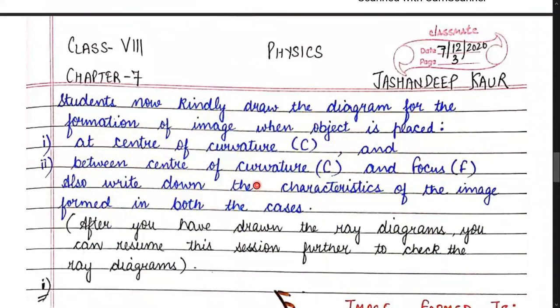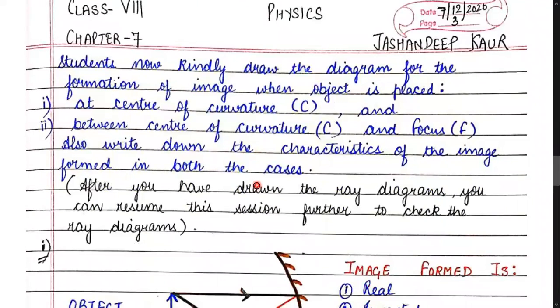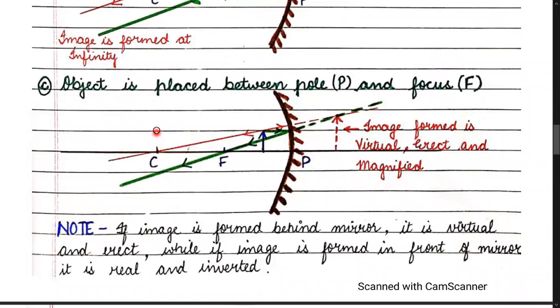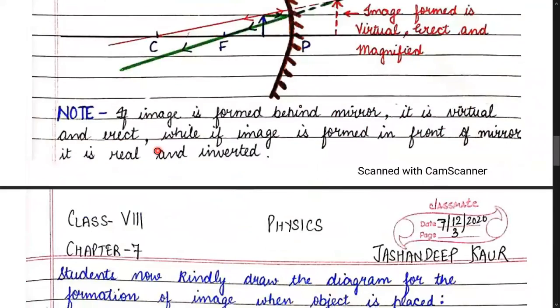So students, now you can pause this interactive session and kindly draw the diagram for the formation of image when the object is placed at center of curvature. That I have not drawn. The object has to be placed at center of curvature.